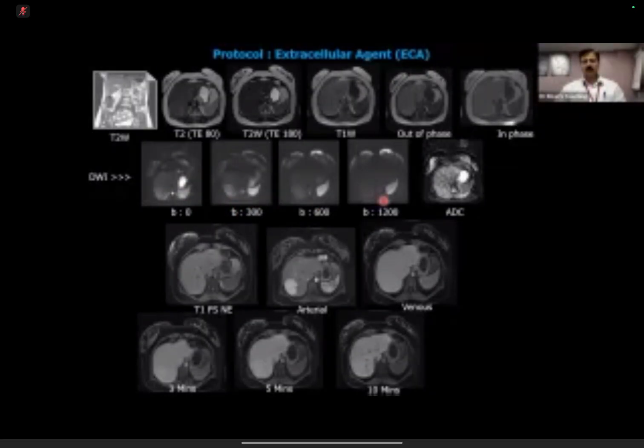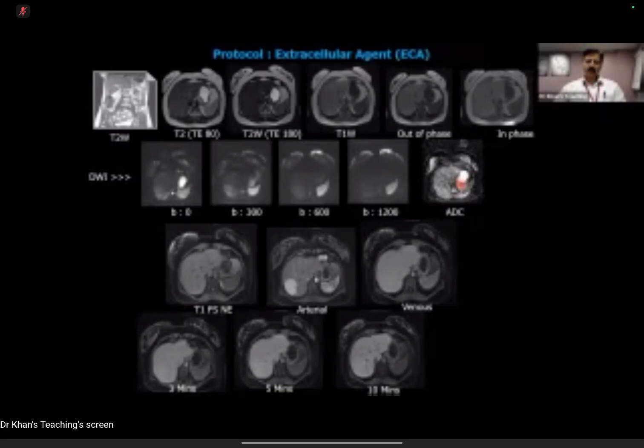Now it all depends on your department. This is not etched in stone. This is what we are using. Even in our department, we were using slightly different B values. But the basic point is that any lesion which shows restricted diffusion will be bright on high B value, and it will be low on the ADC map.